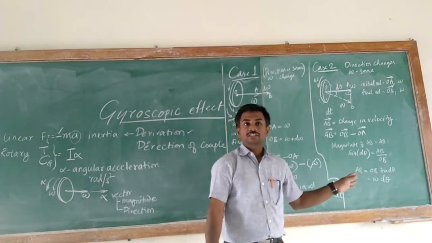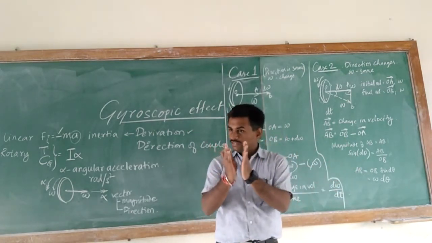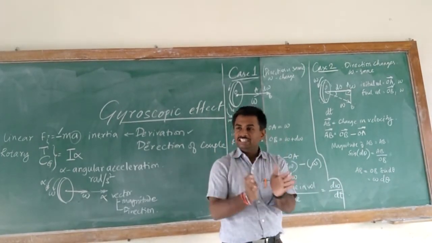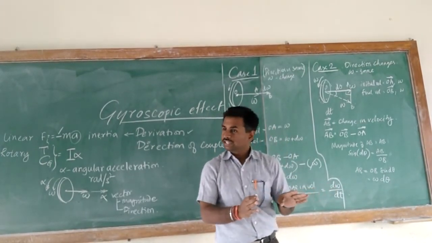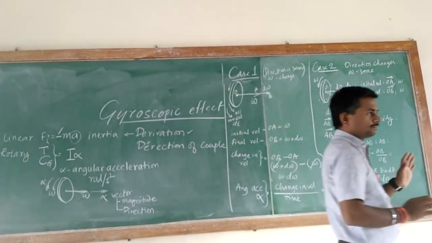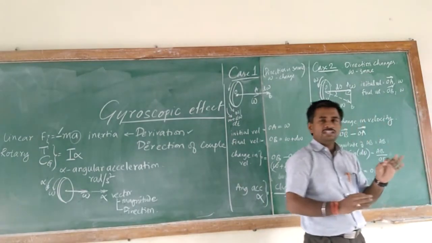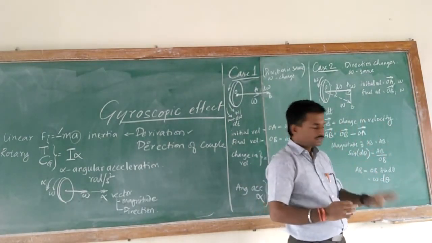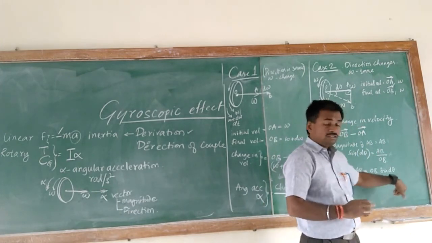Whenever the angle is very small, below 10 or 15 degrees, we can directly take it as the angle itself. There will be a very small difference. That's why we take it as d theta itself. Now, AB equals omega d theta.